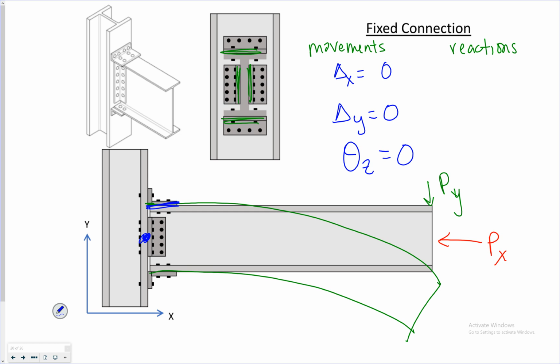So a fixed connection means no displacements and no rotations at the connection. What's preventing that displacement and rotation? A horizontal reaction force, a vertical reaction force, and a moment.